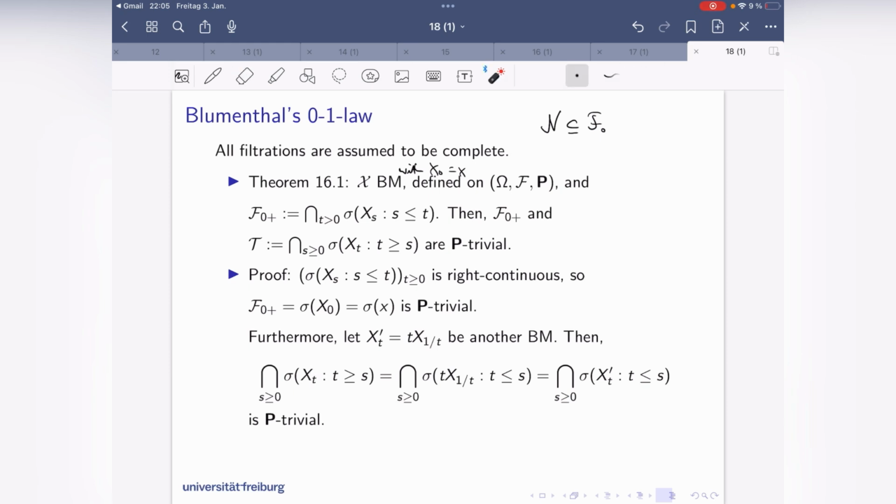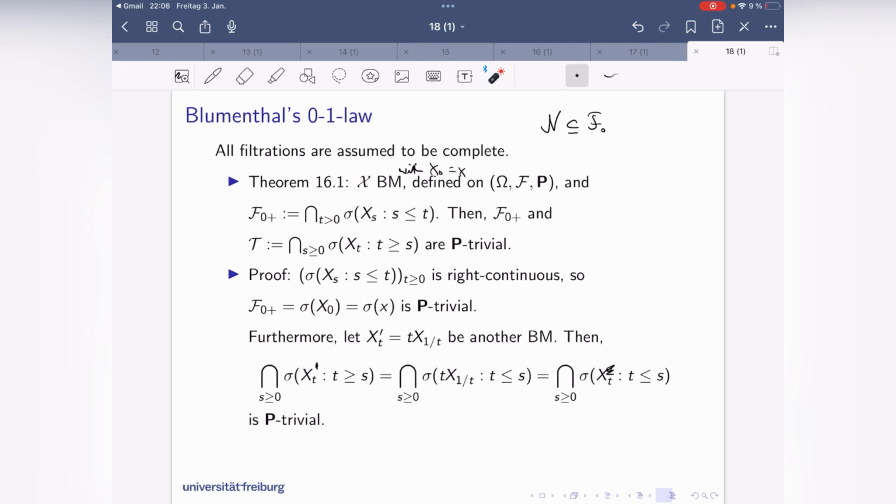I have to use a prime here, but no prime here. And as we just saw, just use this equation here, but exchange s and t, and you exactly have this here. And we already saw that this thing here is p-trivial. So this thing here, which is the tail sigma algebra, is also p-trivial.